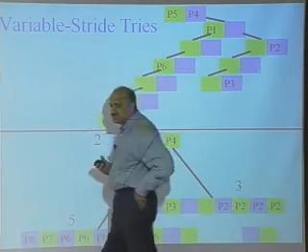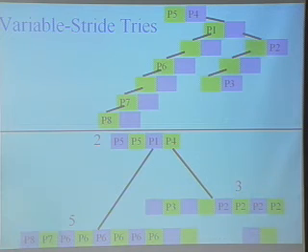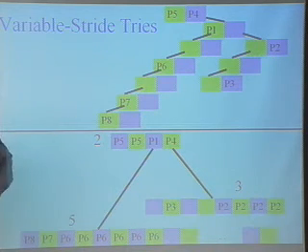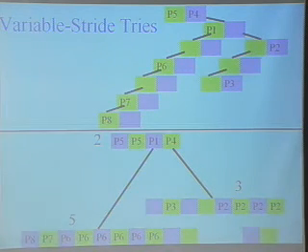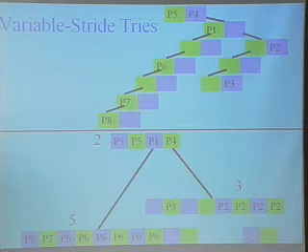Okay. You get the same optimization problem here. Find the strides for all of the nodes. Okay, number of bits being used to branch on every node out here, so that you minimize the total memory, again subject to a height constraint. So what you would expect here is that the optimal variable stride tries would take less memory than the optimal fixed stride tries for the same number of memory accesses.